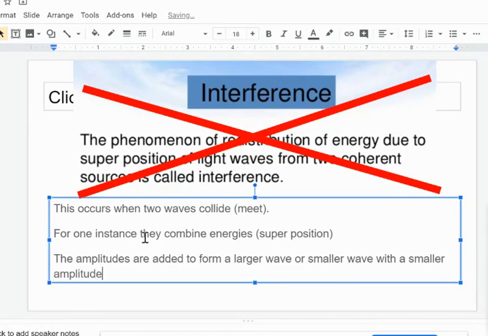The amplitude could be so tiny that it's zero also, meaning that they cancel completely. And we'll talk about that a little further.